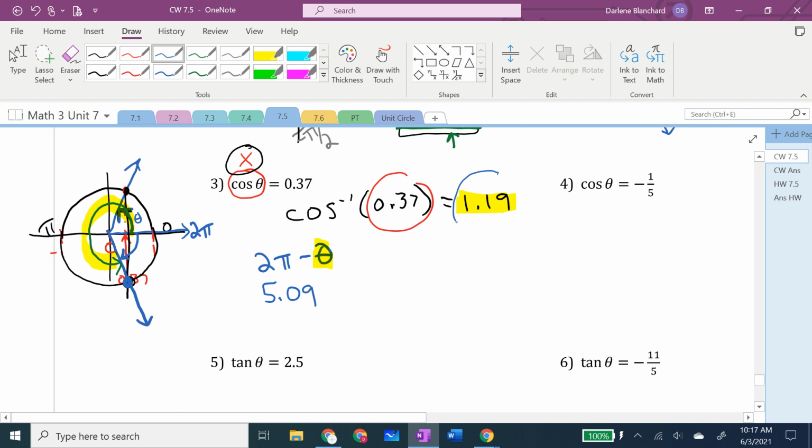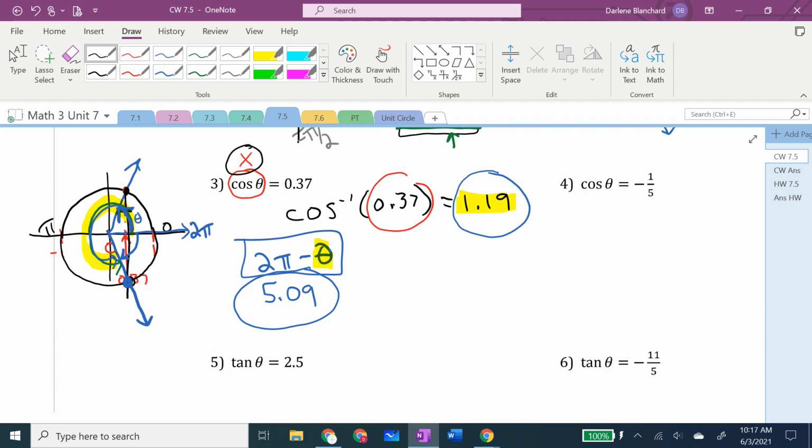The answer I got from the calculator was a positive number. That gave me this angle. The angle that I just got using this formula, which is the formula I'm always going to use with cosine, got me my second angle.